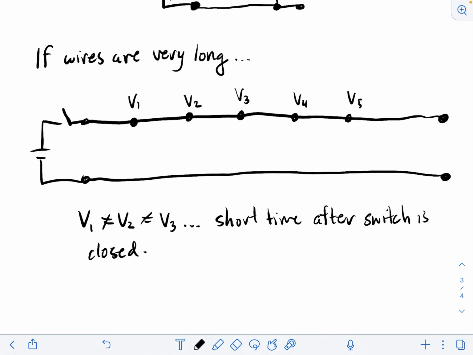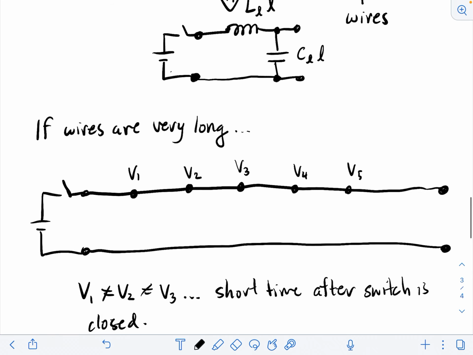That kind of behavior is not going to be captured by this simple model, because it would require that the voltage anywhere to the right of the inductor always be the same, since the only components in our model are a single inductor and a single capacitor.